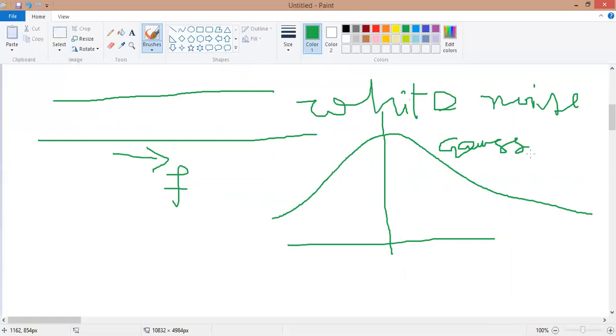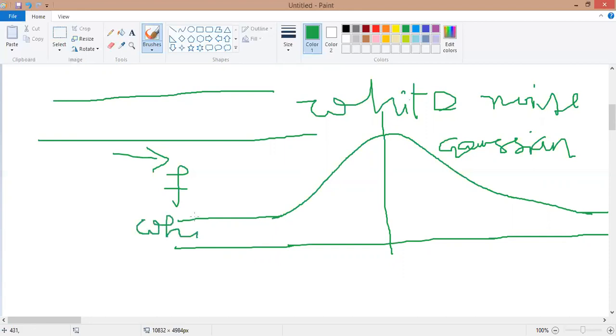And if it is a Gaussian curve, ultimately after a certain time you may obtain some saturation. Because this saturation may be found, we are talking about white noise. And everything is balanced with respect to this middlemost portion.